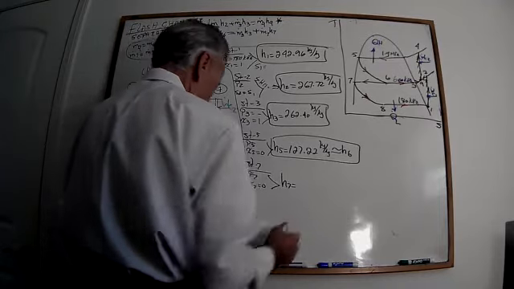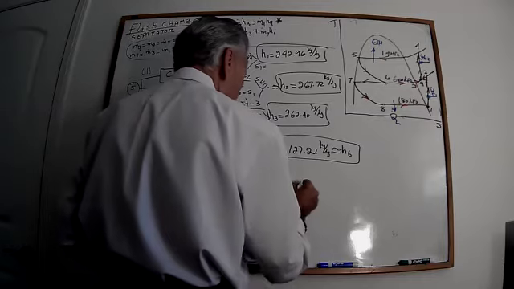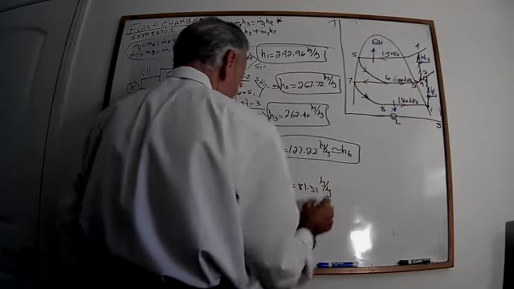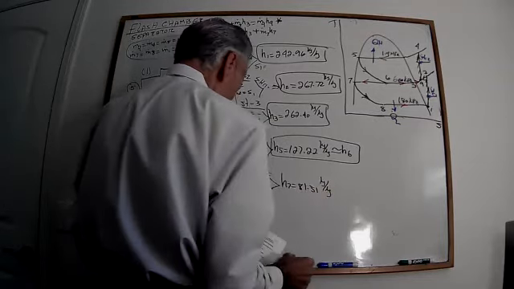So H7 becomes 81.51 kilojoule per kilogram. And that is also equal to H8. So I have all those values except 9 and 4.